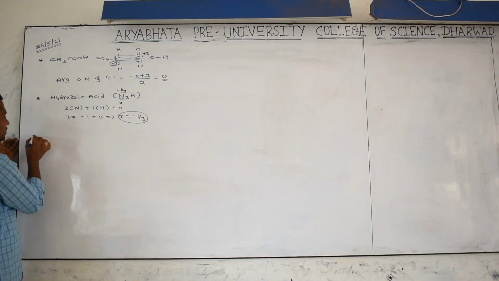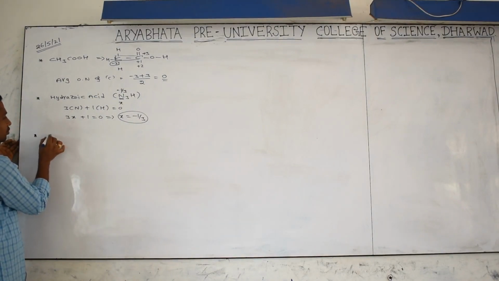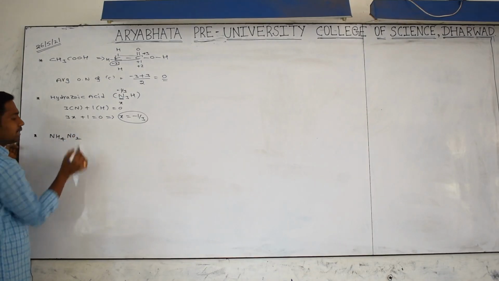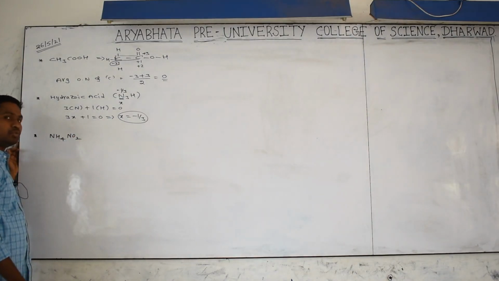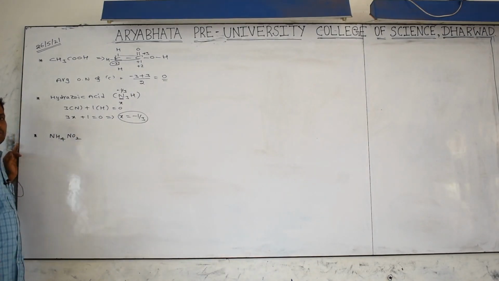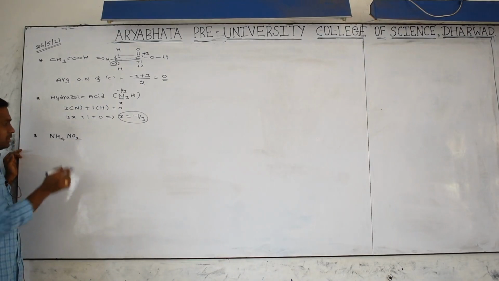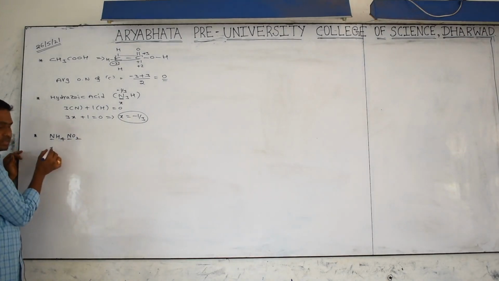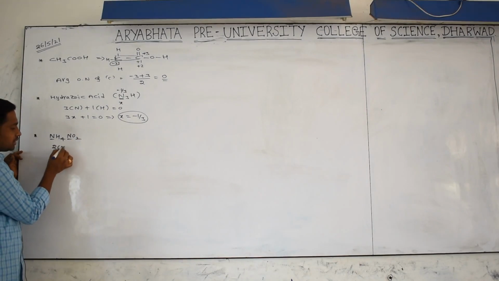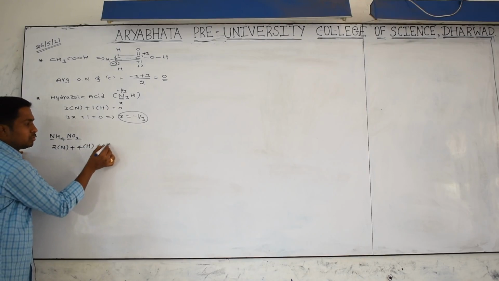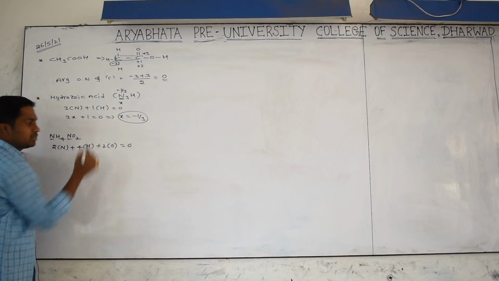I will tell you another species: ammonium nitrite, NH4NO2. Nitrite is NO2, nitrate is NO3. If you want to find the average oxidation number, it is actually very easy. Nitrogen is taken as X. There are 2 nitrogen atoms, 4 hydrogen atoms and 2 oxygen atoms, together equal to 0.